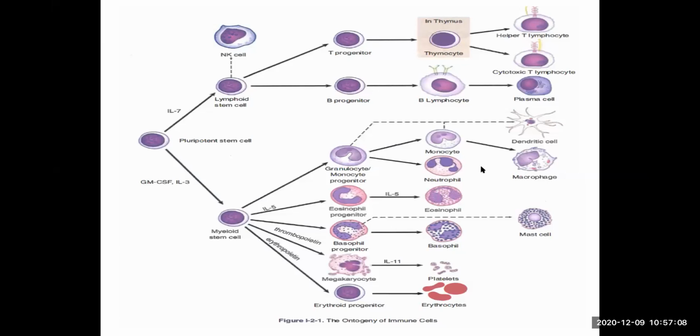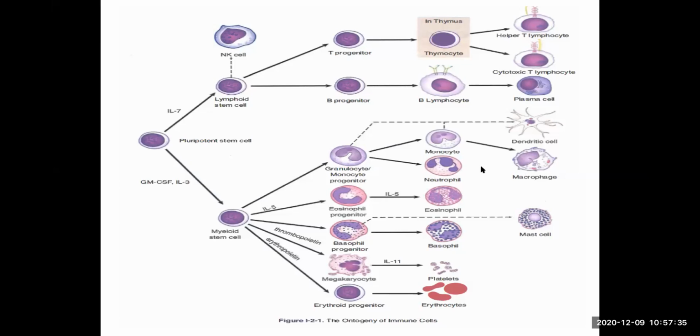Remember, the mediastinum is the space between the two pleural cavities, and it is divided first into superior and inferior. The inferior mediastinum is again divided into three parts: anterior, middle, and posterior. So the thymus gland is mainly present in the anterior mediastinum, which is a part of the inferior one. A small part is also located in the superior mediastinum.